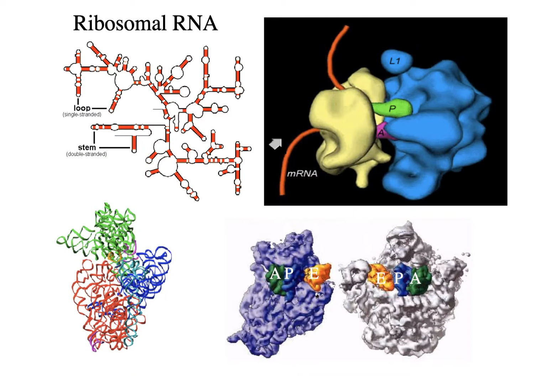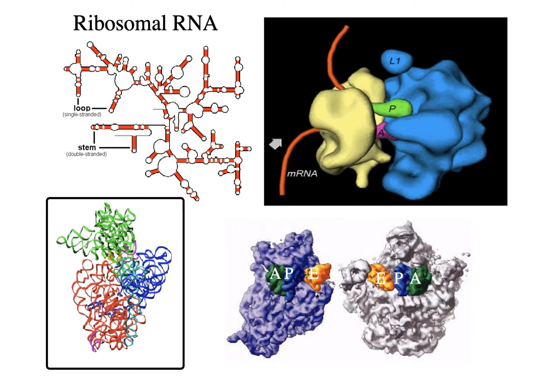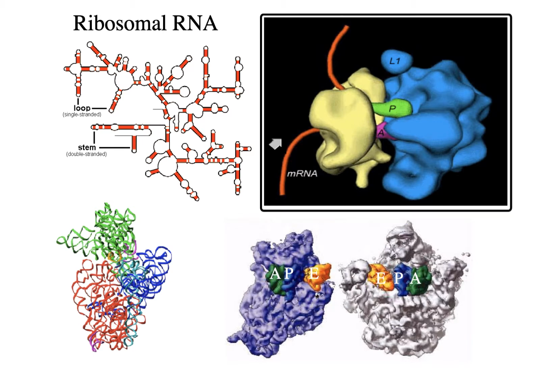So here are a couple more views of the ribosomal, both the large and the small subunits. This is the secondary structure of the small subunit. It's flipped over a little bit, so this is the 3' end where you would have the anti-Shine-Dalgarno sequence. And in this, which is again the small subunit, the anti-Shine-Dalgarno sequence would be somewhere in the middle here of that one.